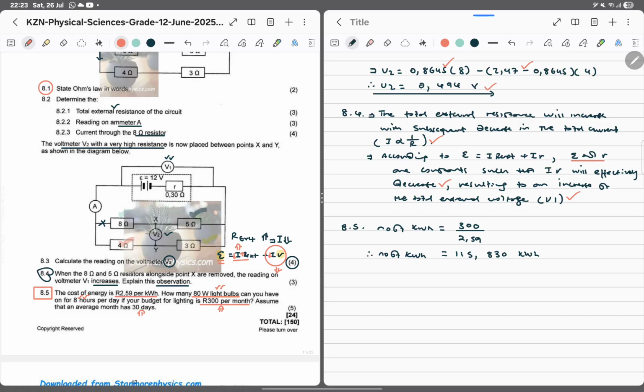Right? But then we can divide that by hours so that we can leave kilowatts. I mean, there are many ways of killing a cat, truly.